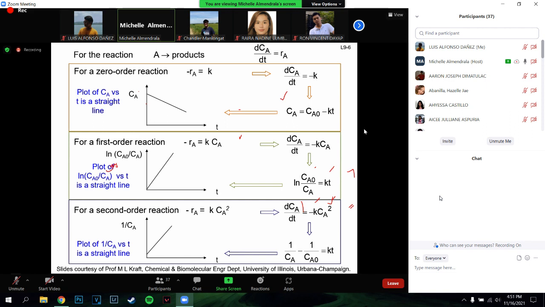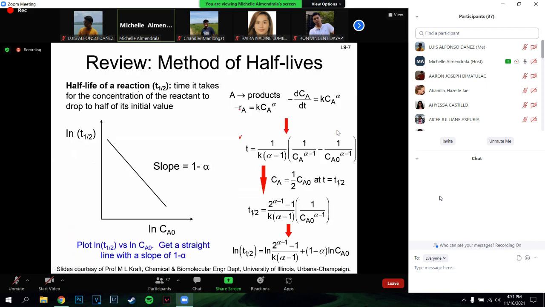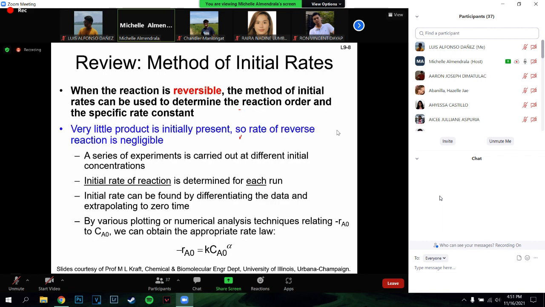You will see a simple representation of graphical integration to show you the numerical techniques of solving the volume in a CSTR for a non-isothermal process. We also have the half-life method of determining the rate law or the value of K.